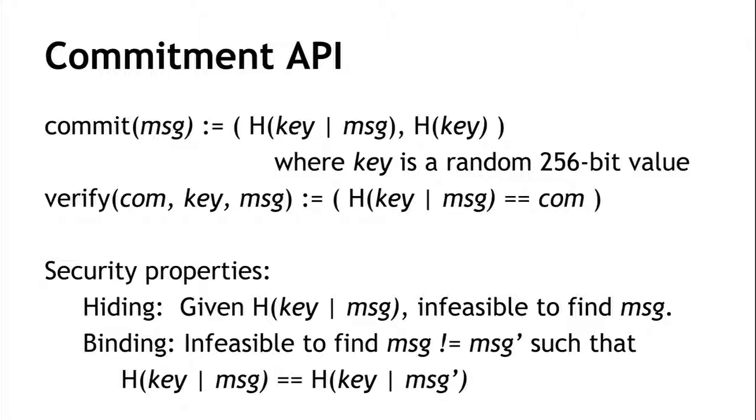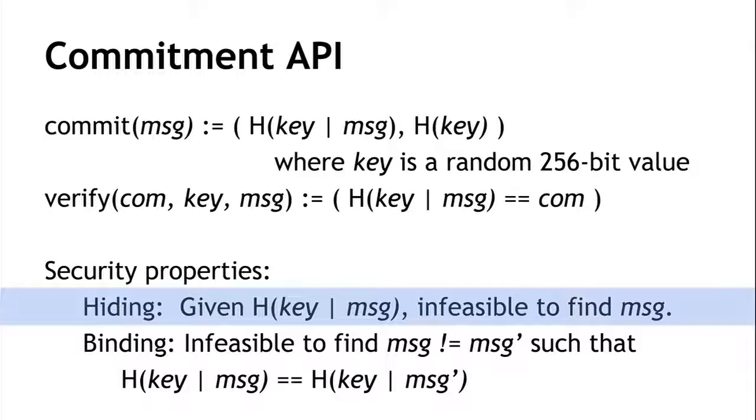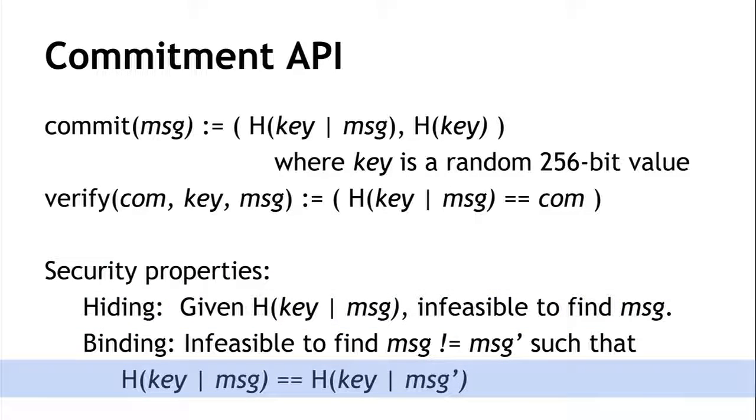So now the security properties, if we go down to the security properties that were at the bottom of the previous slide, and we just plug in the definitions of how we're going to implement this here, that is, this used to say COM, given COM, infeasible to find message, we just plug in what COM is. COM is the hash of key concatenated with message. And similarly down here, this is what happens when we take what was written there before and plug in the definition of verify and COM.